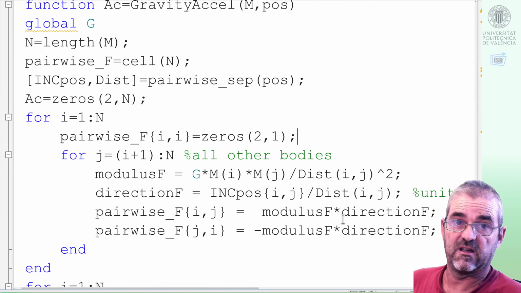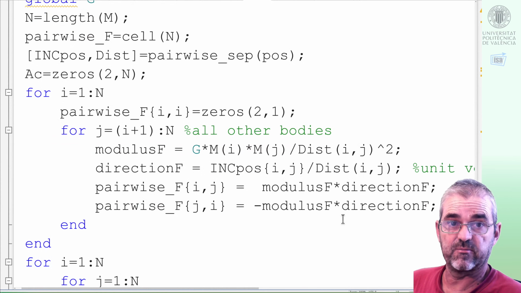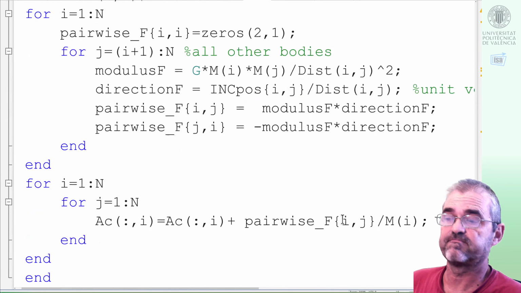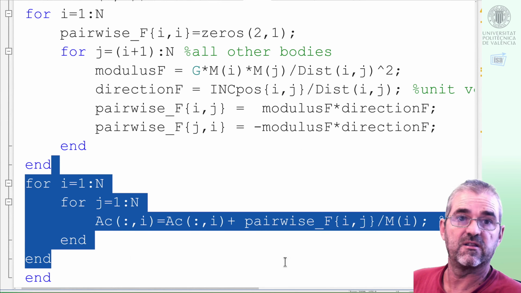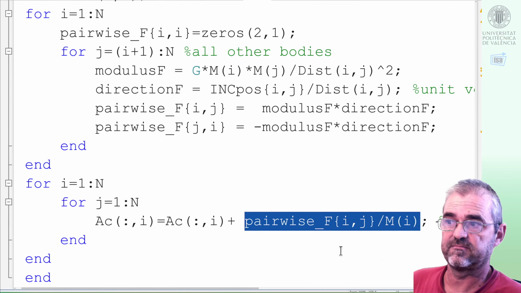Once I have the force vectors, I just need to add them all up to obtain the resulting force and divide by mass to get acceleration, and this is done in this fragment of code. Instead of adding the forces and then dividing by mass at the end, I add to the acceleration each pairwise force divided by the mass of the object I am considering.